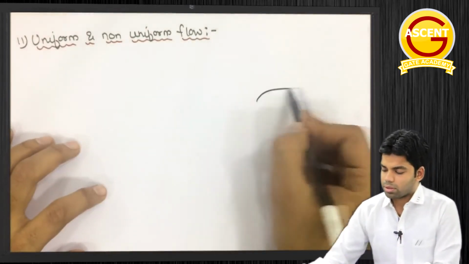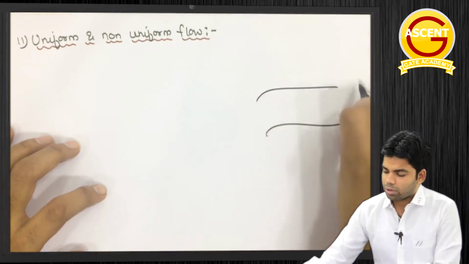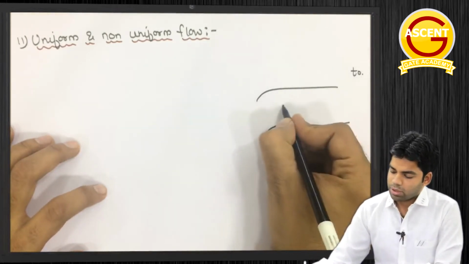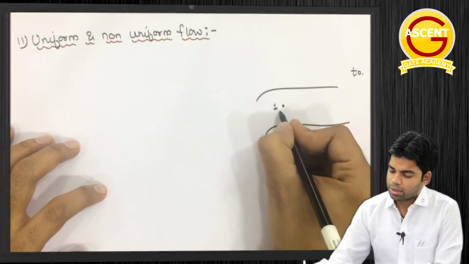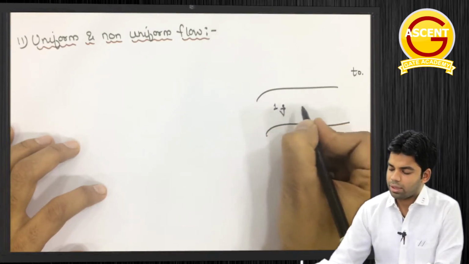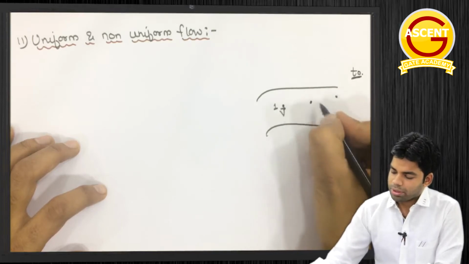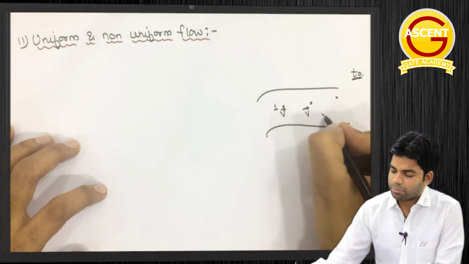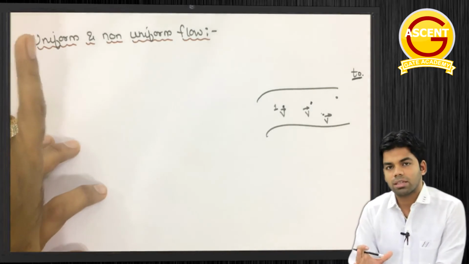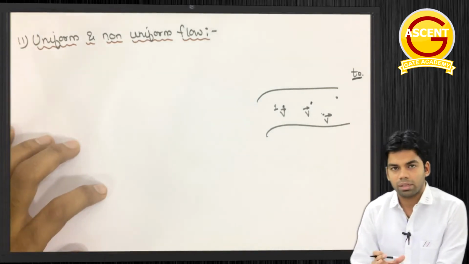That means suppose this is our flow at any particular time, suppose t naught, the velocity at this point 1 is suppose v, the velocity vector is v. So at this particular time the velocity at all the points should be v only.